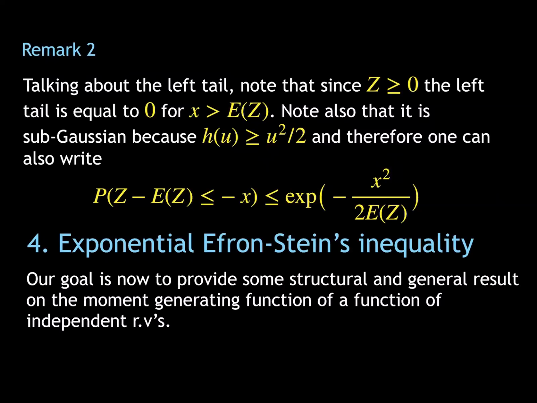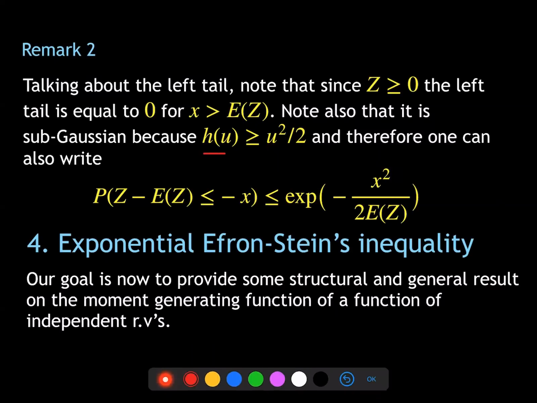That is, the lower tail is controlled by the exponential of -x squared over 2 expectation of Z, just because on the lower tail you are on the negative values of the arguments, and on negative values of the arguments, the function h is larger than u squared over 2. This is the second remark.